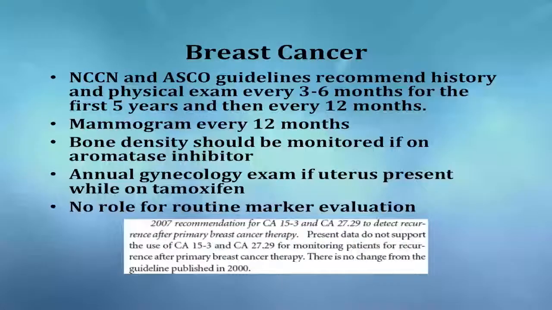We move now to breast cancer, which is a very common disease. The NCCN guidelines and ASCO guidelines recommend history and physical examination every 3 to 6 months for the first 5 years, and then every 12 months. Mammography should be performed annually, and bone density should be monitored if the patient is on an aromatase inhibitor, which causes osteoporosis.